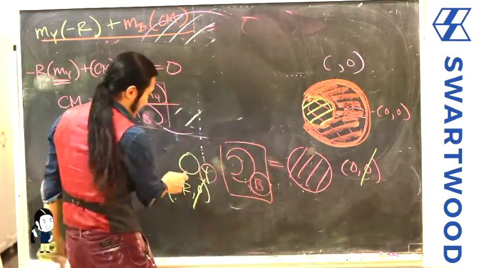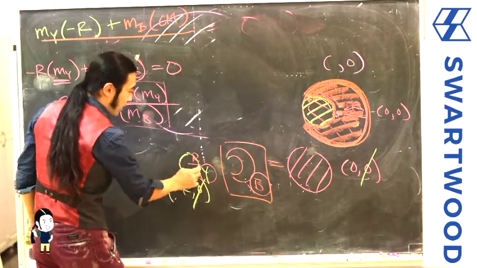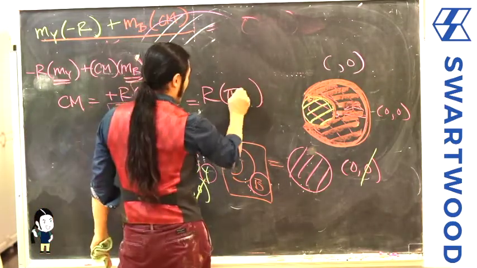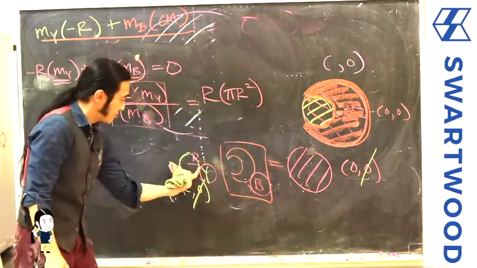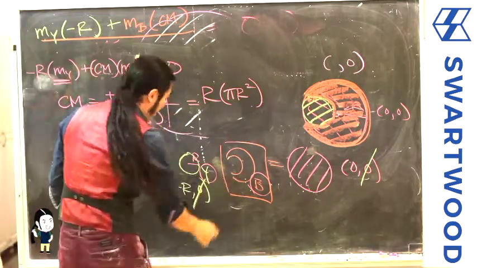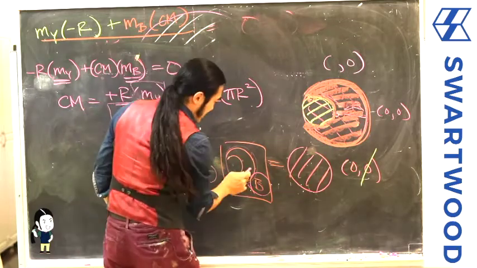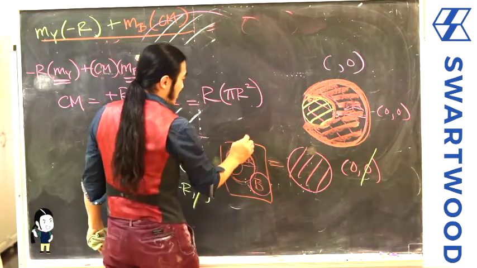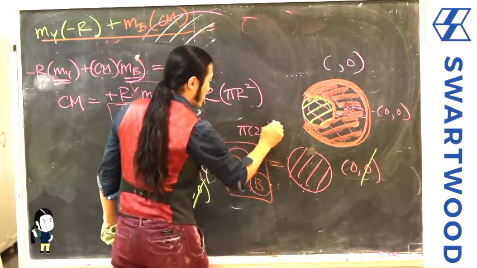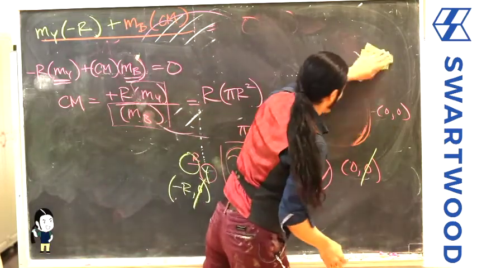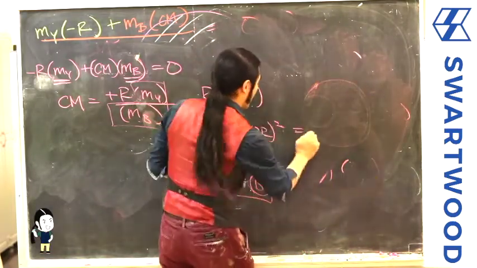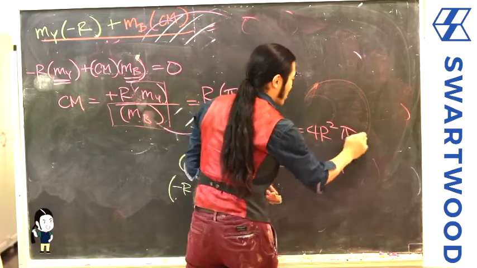So m sub y is this guy, but this guy has a radius of r, so its area is pi r squared. What about this one? We can compute this. This is actually not that bad. The total area here, because this guy would have had a radius of 2r, is pi 2r squared, which you know is 4r squared pi.